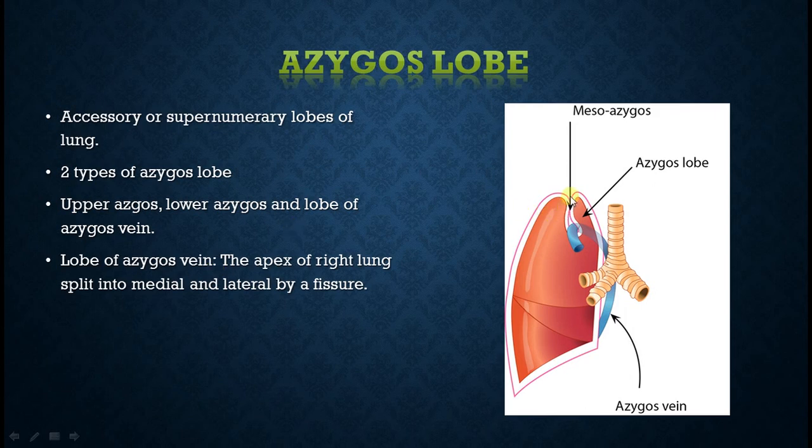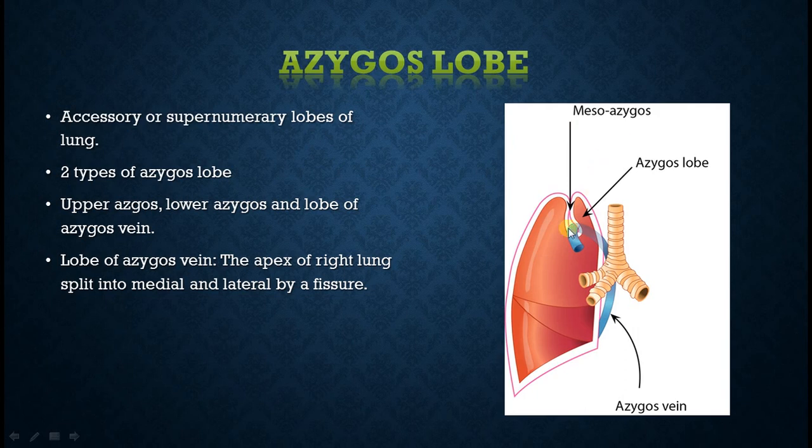What happens is you see a deep fissure which is dividing the apex of the lung into medial and lateral parts. You are able to see that in the depth of this fissure the Azygos vein is lodged, and it is suspended in a fold called the mesoazygos.